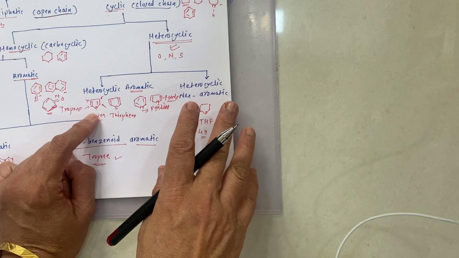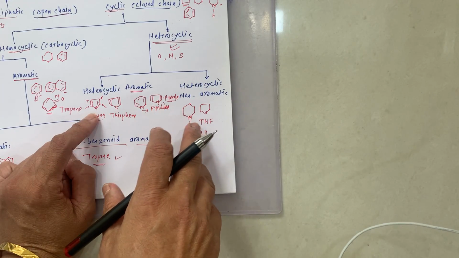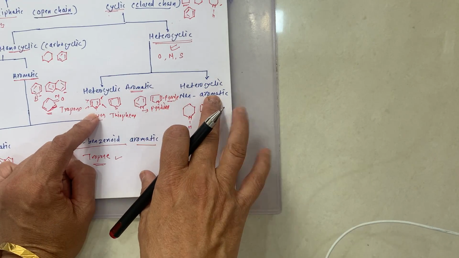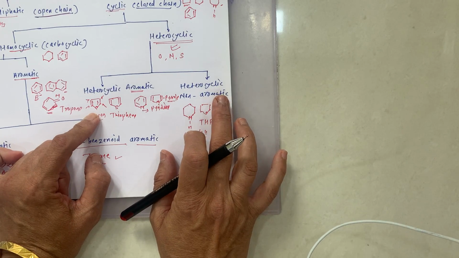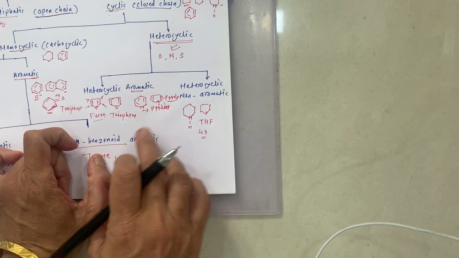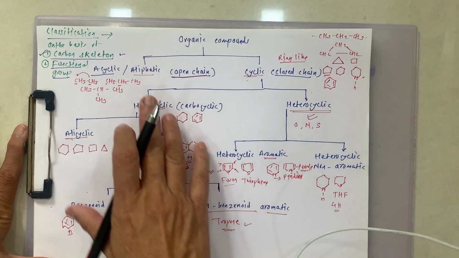And now there is no aromatic character, as there are no n-pi electrons, which we are going to calculate by the formula, and that's why this is a non-aromatic compound. These are the examples, and this is the classification based upon carbon skeleton.